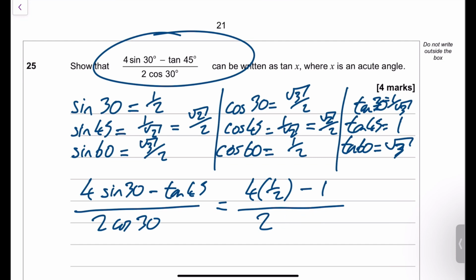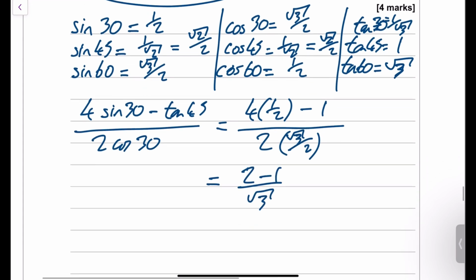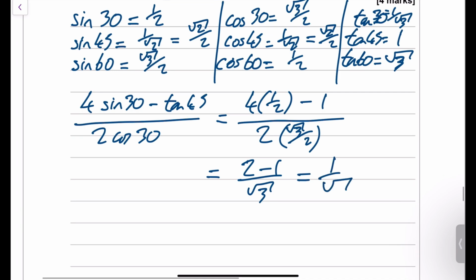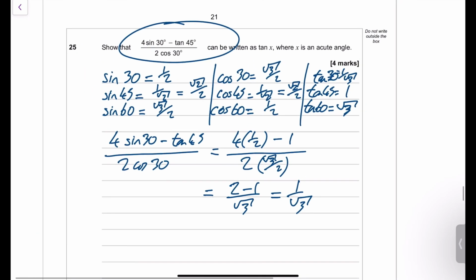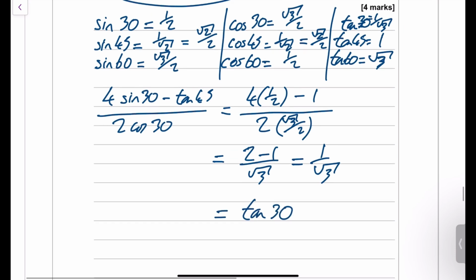And cos of 30 was root 3 over 2. Right, that's an absolute mess. Let's tidy up. That's just going to be 2 minus 1 on the top line. Bottom line is going to be root 3. That's just going to be 1 over root 3. And we know 1 over root 3 is the same as tan of 30. So that equals tan of 30.